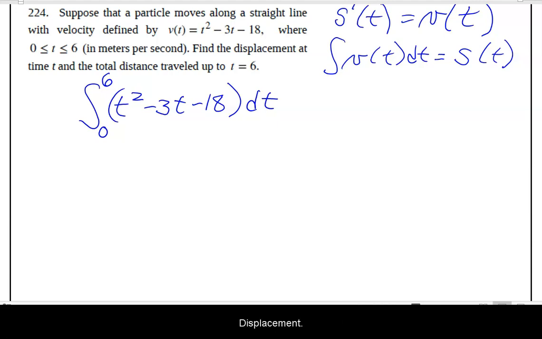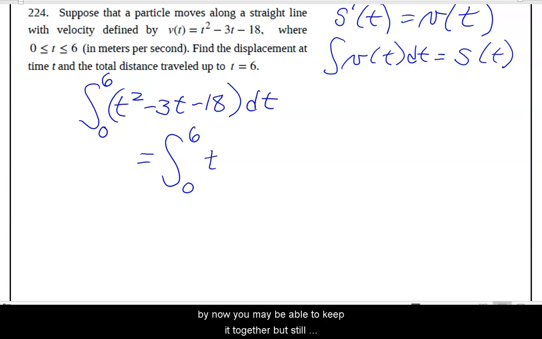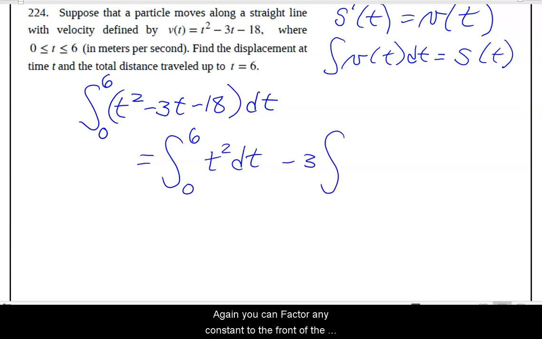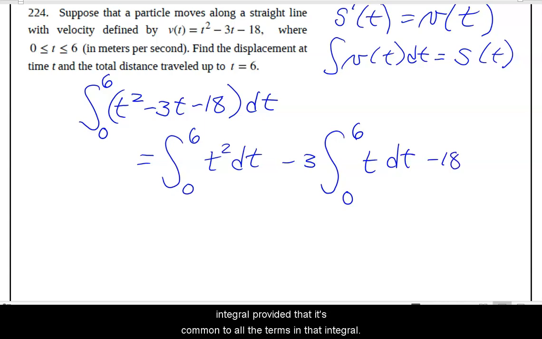To get displacement, what I want to do is integrate. I can split this into 3 separate definite integrals, or by now you may be able to keep it together but still perform them as if they were separate. Again, you can factor any constant to the front of the integral, provided that it's common to all the terms in that integral.